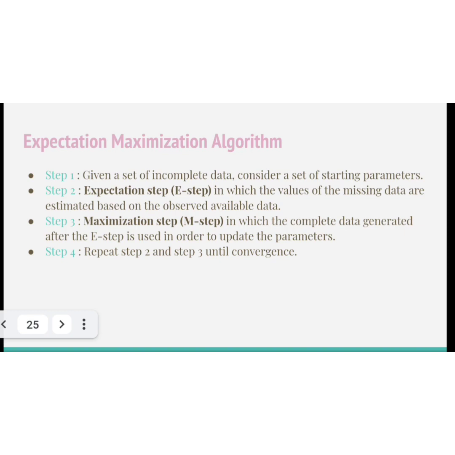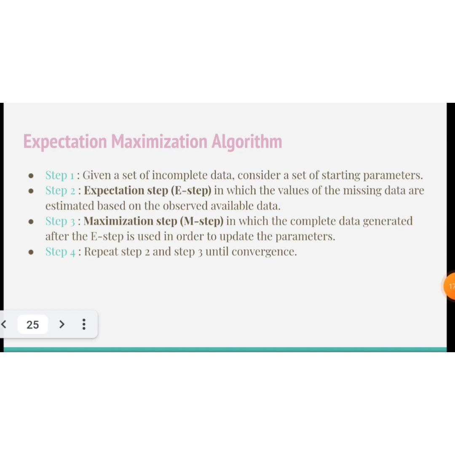We will be given a data, and the second step is called the expectation step. It's also called E step. Now in that step, we use the observed data. That means we use that incomplete data, and with that data we will estimate or guess the values of the missing data.